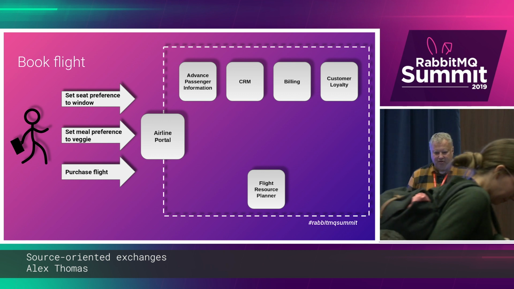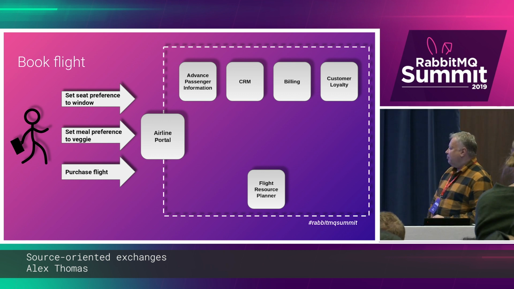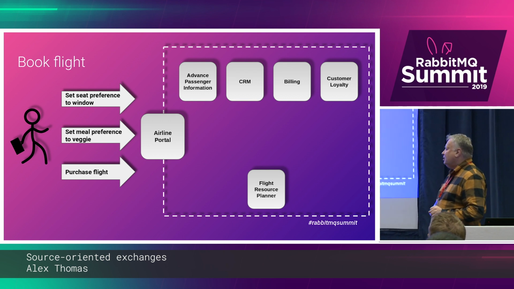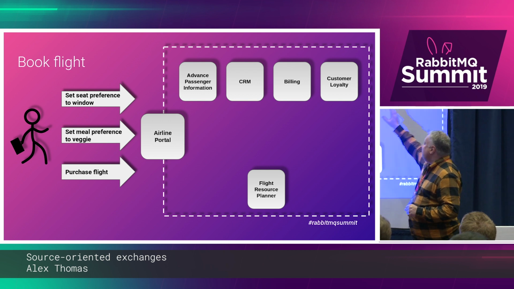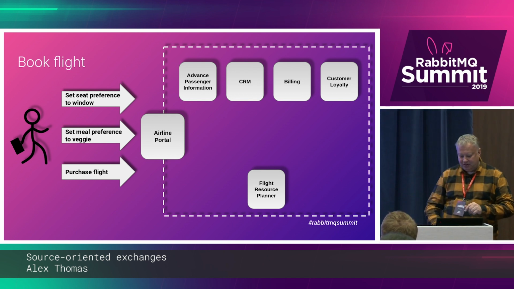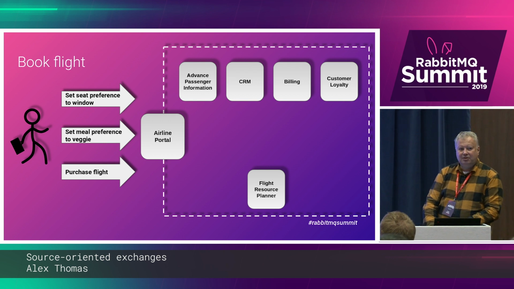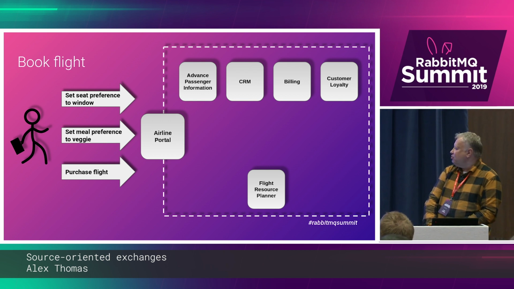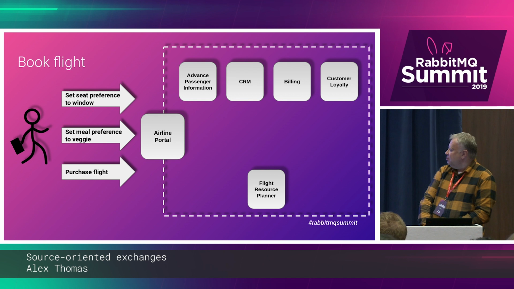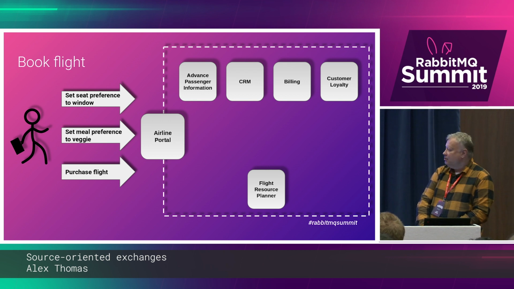So, a typical subject area: we've got some source of activity here in a customer-facing portal, and then the downstream systems are somehow tuned into the events that the customer is generating. So they may set some preferences up and then perform a transaction.